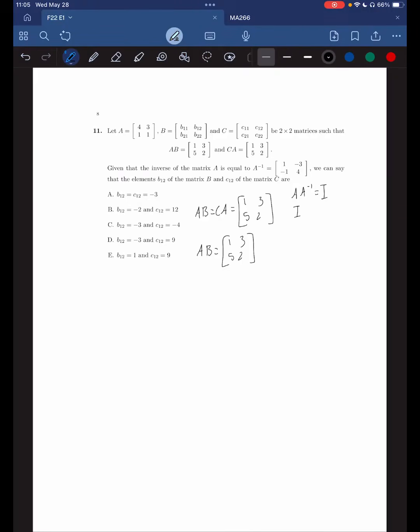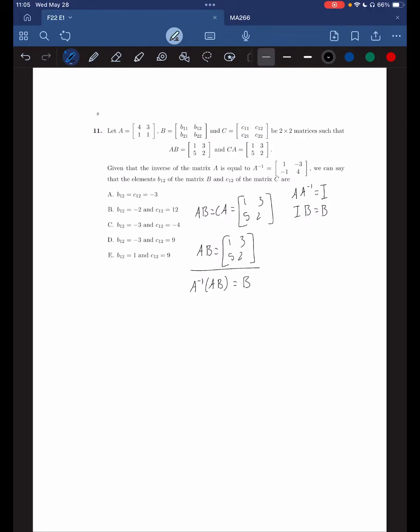And I times literally any matrix is just going to give you that matrix. What do we notice here? If I multiply by A inverse on the left side of this equation, I get A inverse times AB. This is actually just equal to B.